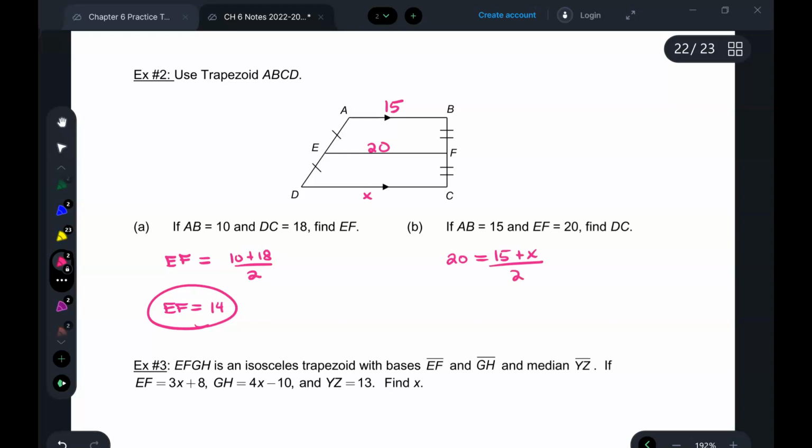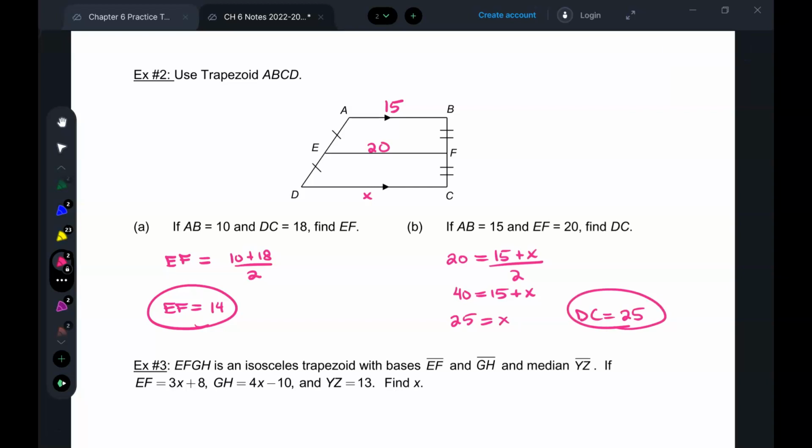I'm going to show it this way just in case you have decimals or fractions or weird numbers. I would have 15 plus x, and then subtract, I get 25. So DC is 25. Also, just look at it. 15, if you add 5 to that, you get 20. Add another 5 to get 25, right? 20 is right in the middle of 15 and 25.